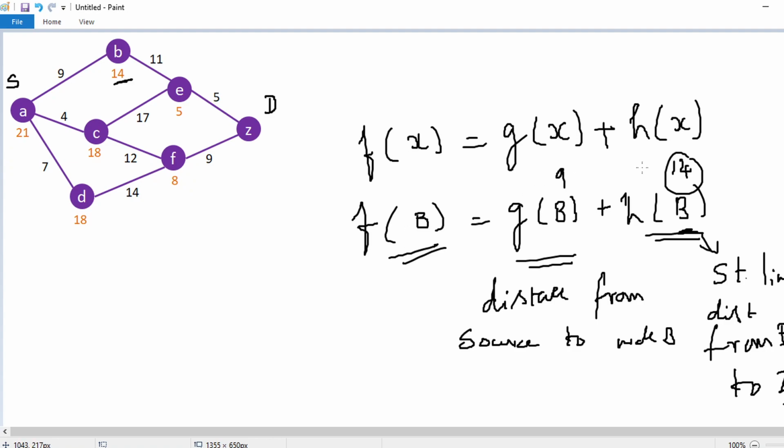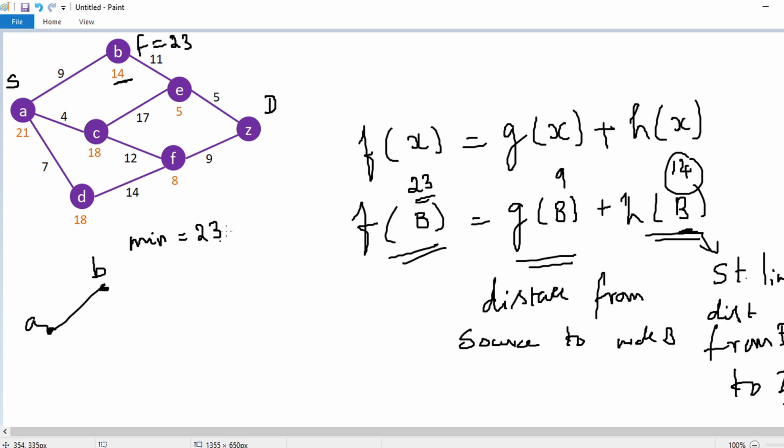And let us understand what it says. 14 plus 9 is 23. So now if you go via B, f is equal to 23. The meaning is, this is 14 plus 9. So if you take a path from A and go via B, at least, minimum it will take 23 cost.